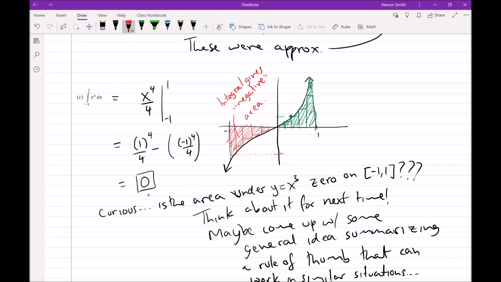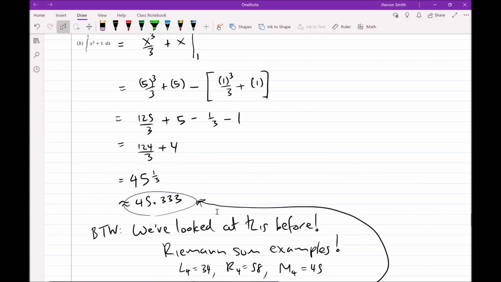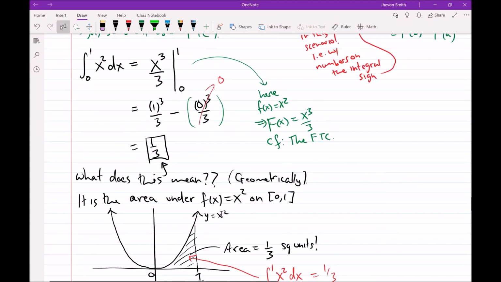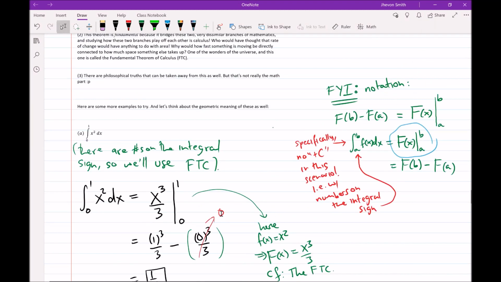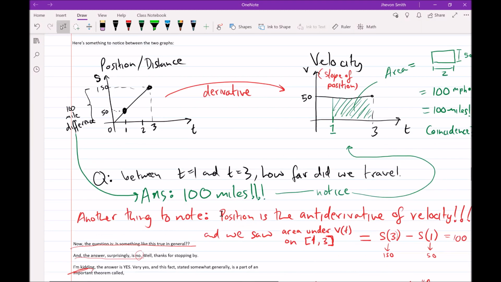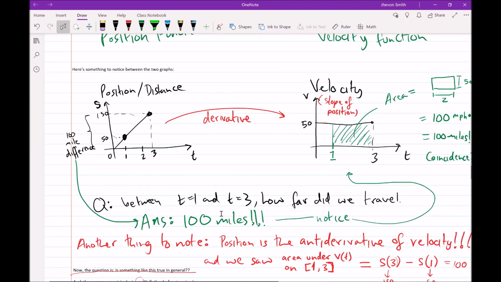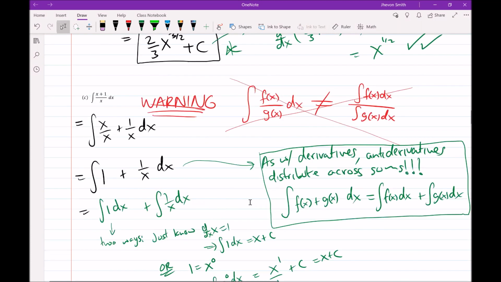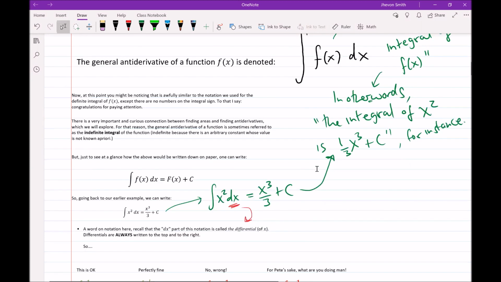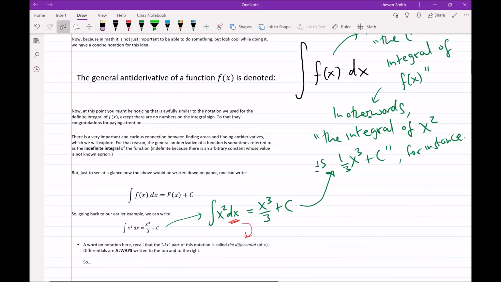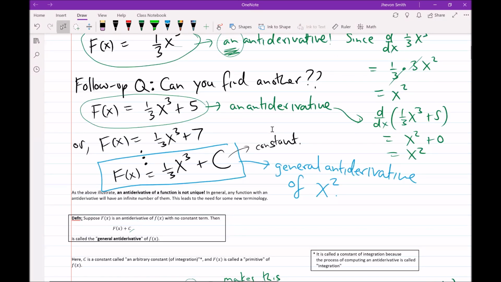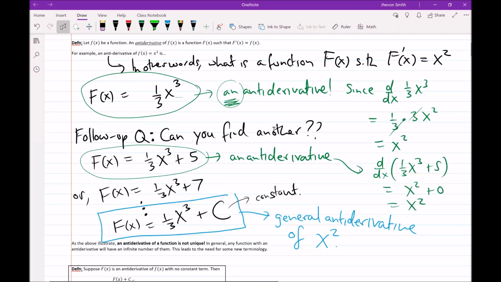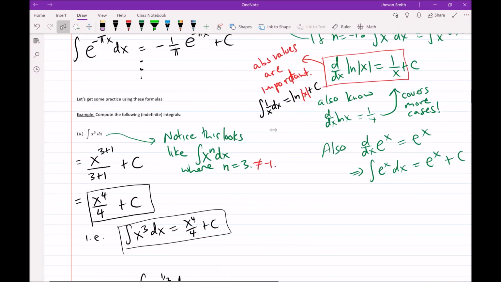So when I mentioned earlier, where did I write it? I wrote it somewhere. Maybe it was on the other page, which I'm not going to mess with right now.